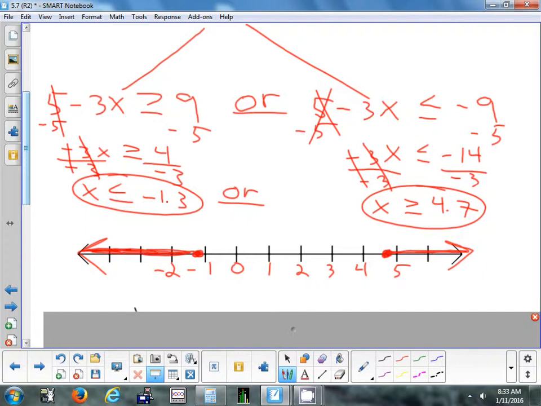Yes, that's fine. Just graph everything. Questions on that? That's it. So we're just going to practice a few of those. That's the only kind of problem we're doing today, graphing absolute value conjunctions and disjunctions.